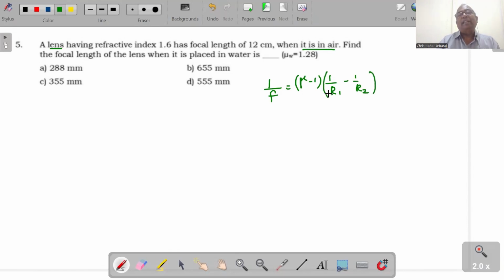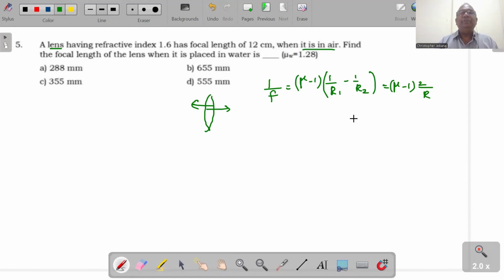Nothing is said about the radii of curvature, so both have the same radius of curvature, one plus, another minus. So the formula becomes mu minus 1 into 2 by R.